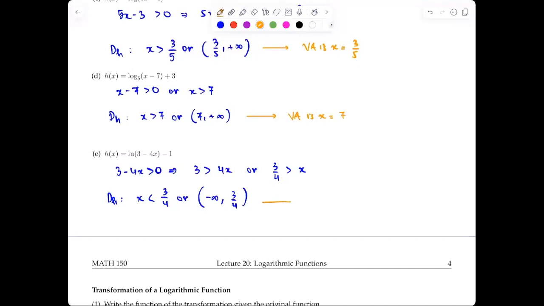And the vertical asymptote is x equal to 3 over 4. Any questions?